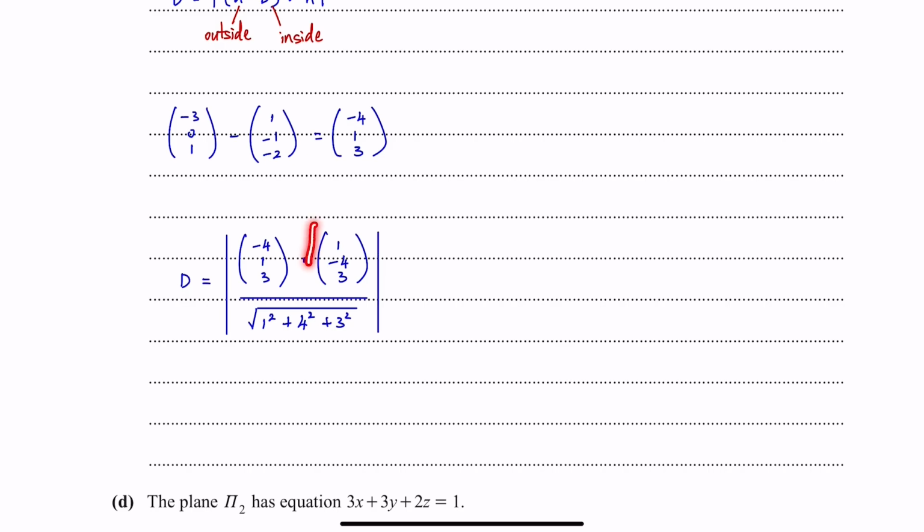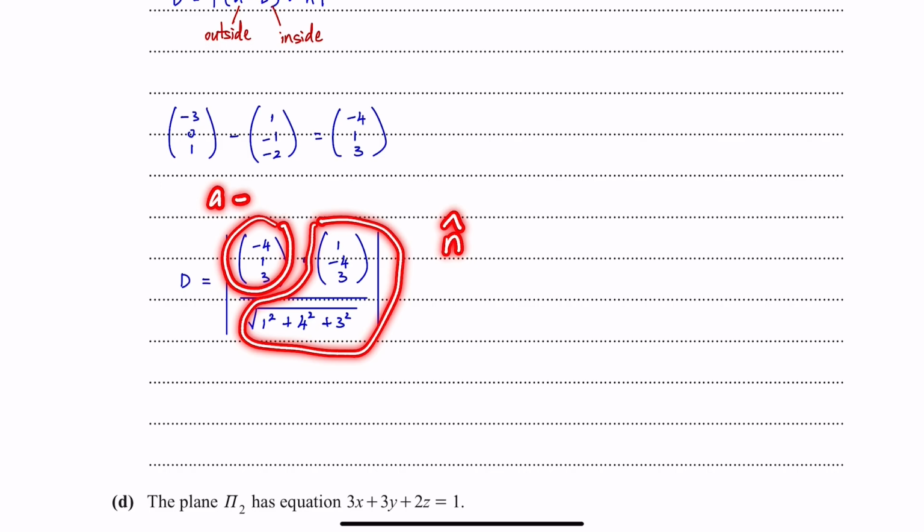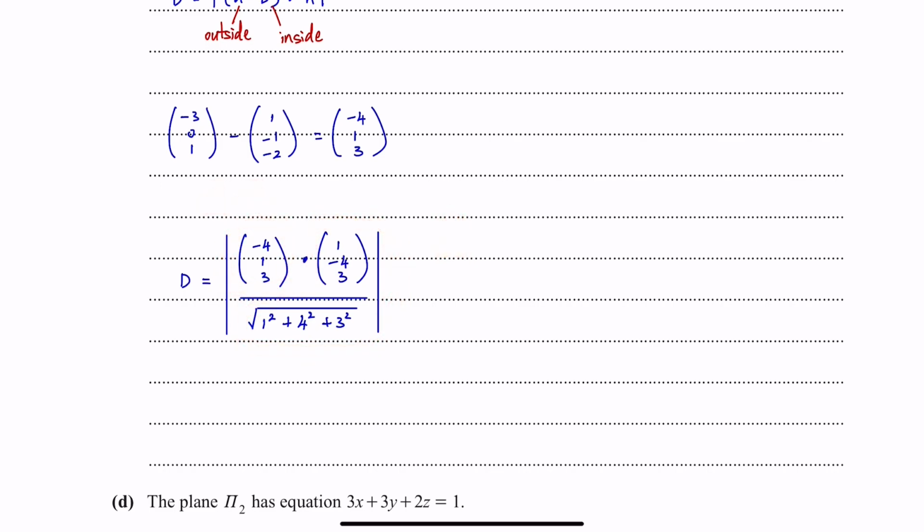So this thing is the unit vector of n, and this thing is a minus b. Okay, so we would get -4 minus 4 plus 9 over root 26. And the final answer would be 1 over root 26.